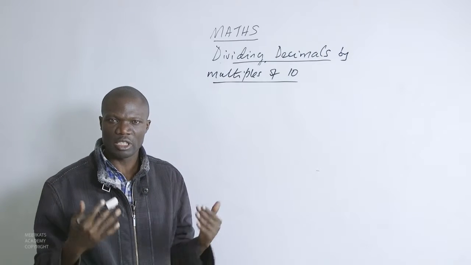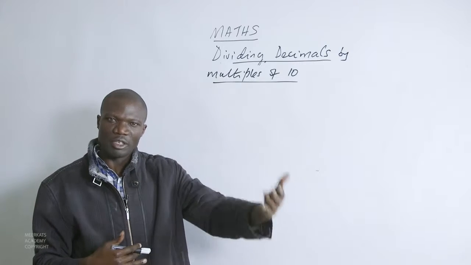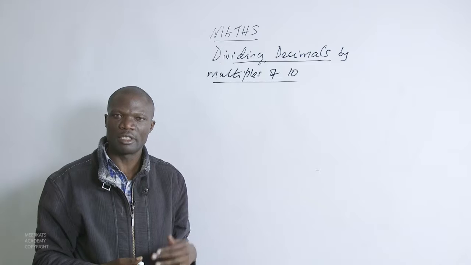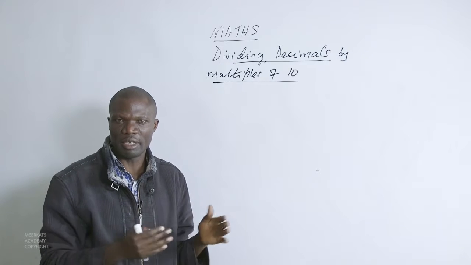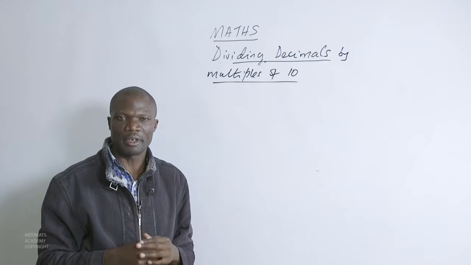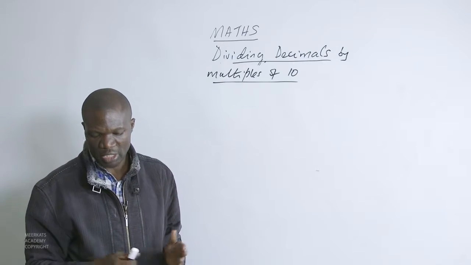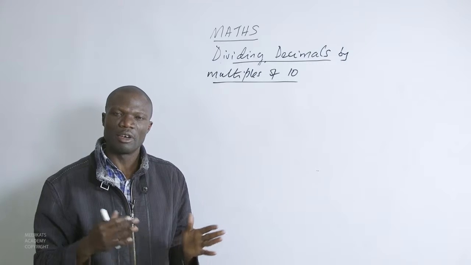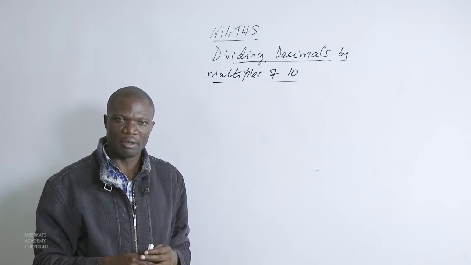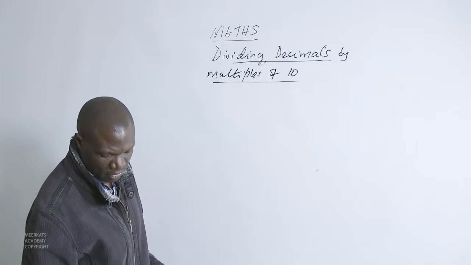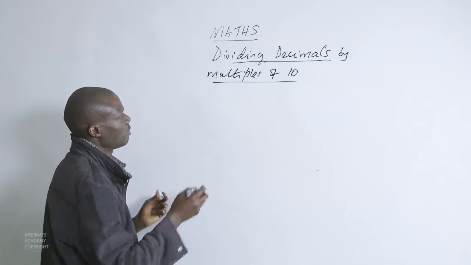So a multiple of 10 starts from 10 itself, 20, 30, 40, as long as it can divide 10 without a remainder, we say that's a multiple of 10. So we want to see how we handle numbers when dividing by multiples of 10. As we saw earlier on, this question will be as follows.